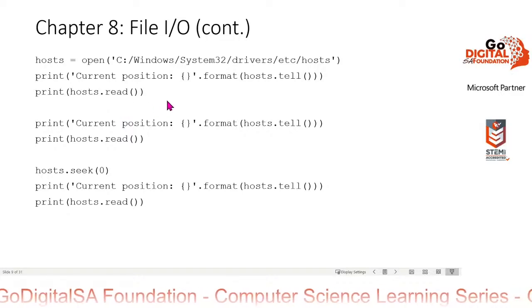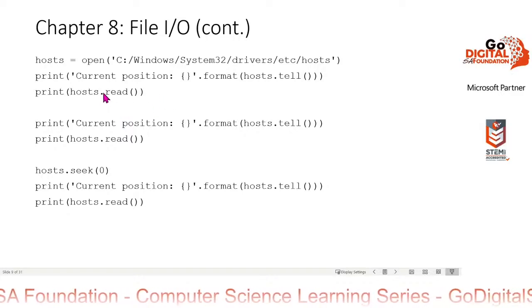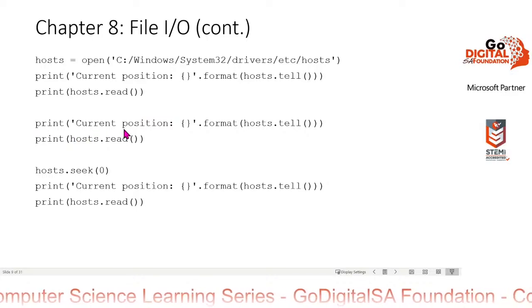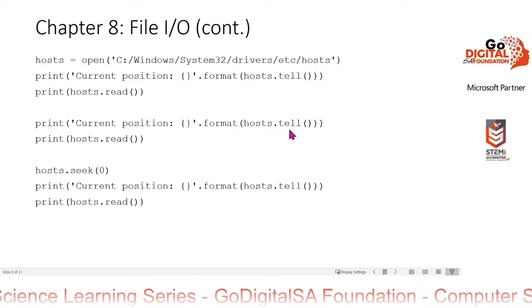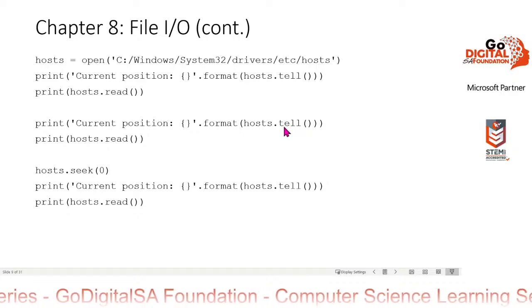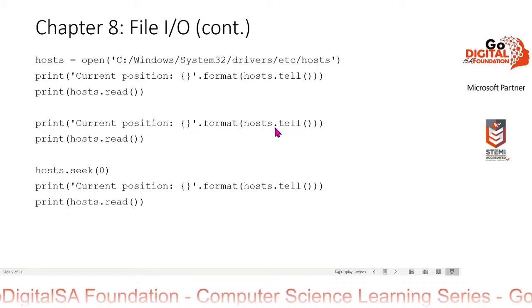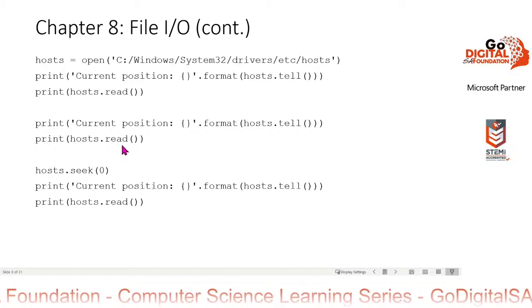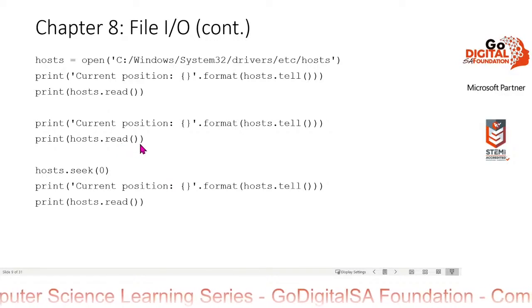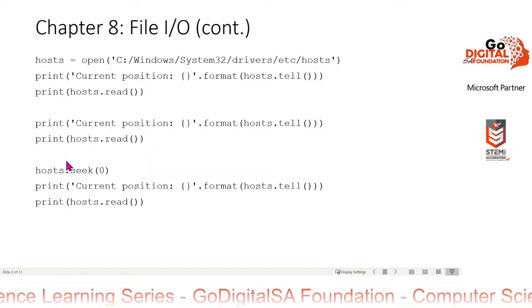That will now read the entire contents of the file. So now if we print hosts.tell, this will return the current position, which is the last character in the file. If we print hosts.read again, this will be an empty string because we're at the end of the file. The position is the end of the file.